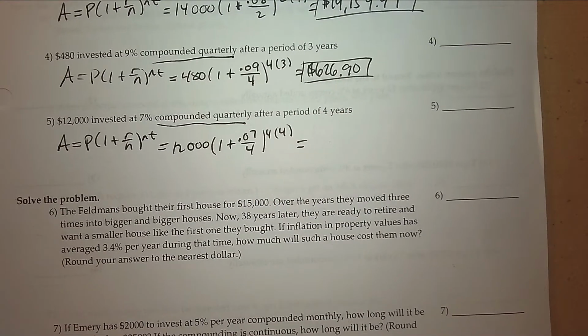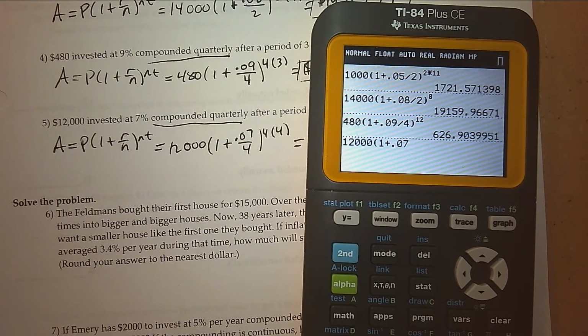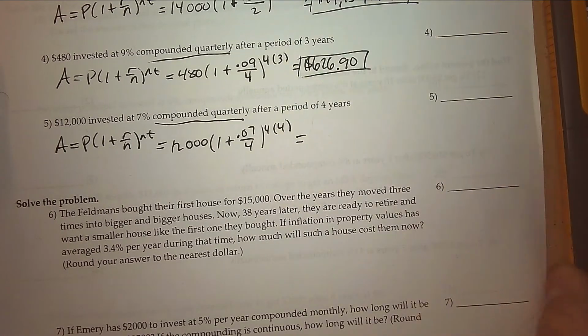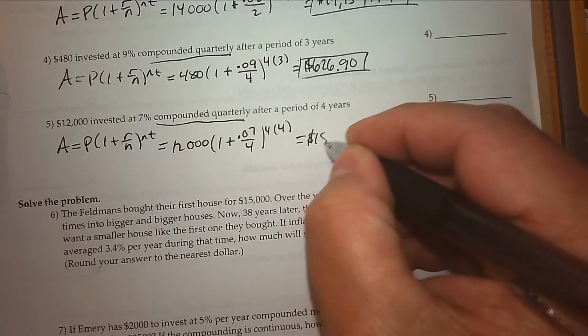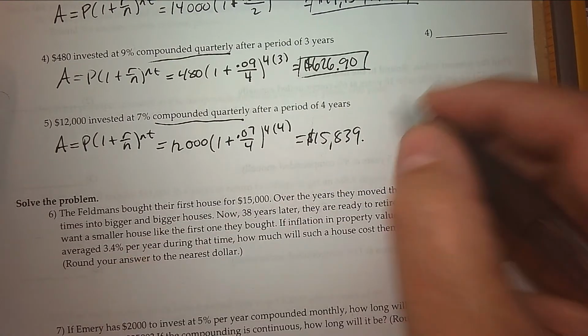So there's the setup. Use your calculator. So I get $15,839.15.